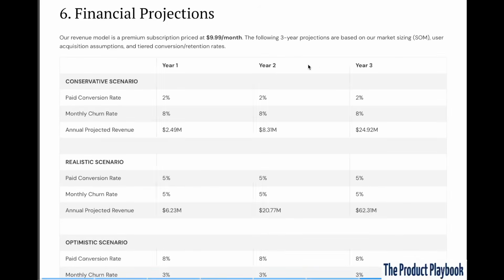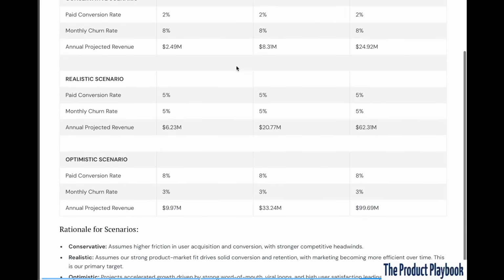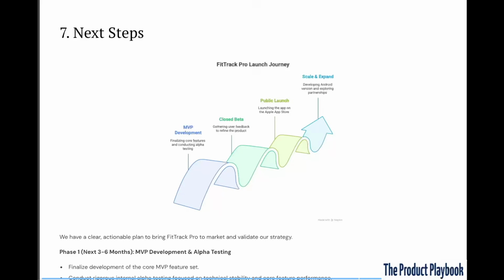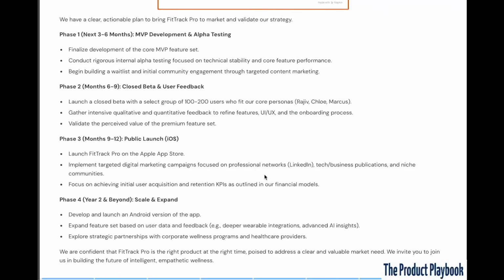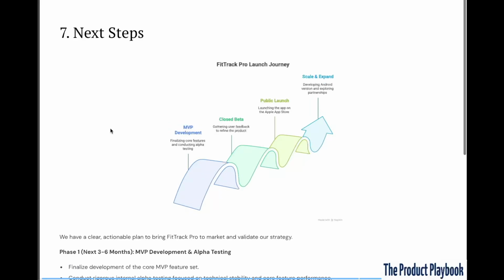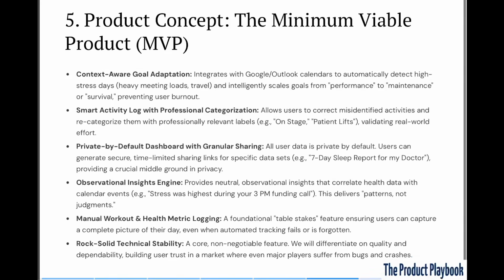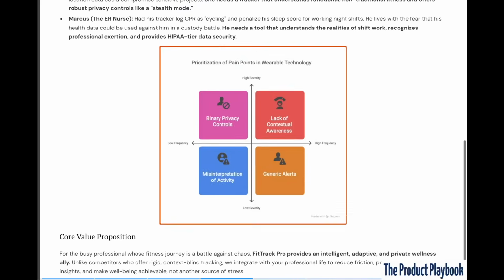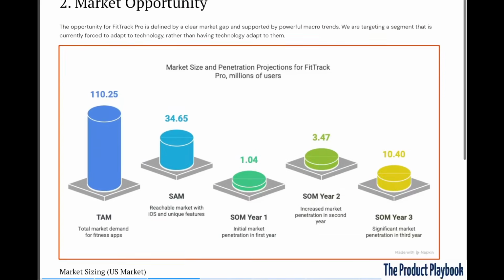Here are our financial projections in a minimal, clean, tabular format, plus next steps. So as you can see, this looks a lot better than a pretty plain Google Doc, and it's aided by the visuals that we did in Napkin. And if we spent more time on this, we could really make it pop with even more visuals and so forth.